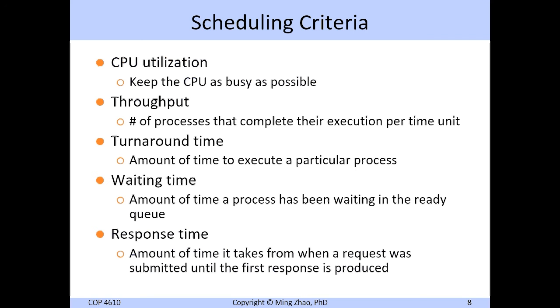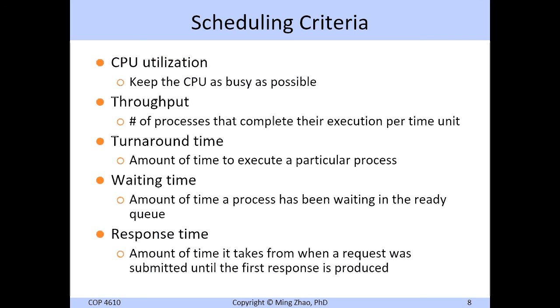The second is throughput. Throughput means the total number of processes that complete their execution per unit of time. Throughput is closely related to CPU utilization, but it is looking at the problem from a different perspective. When we talk about CPU utilization, we're looking from the perspective of the hardware. We want to make the hardware as busy as possible, so given every 1 second, how many milliseconds the CPU is busy, for example. But when we look at throughput, we're looking at it from the perspective of the application, the processes.